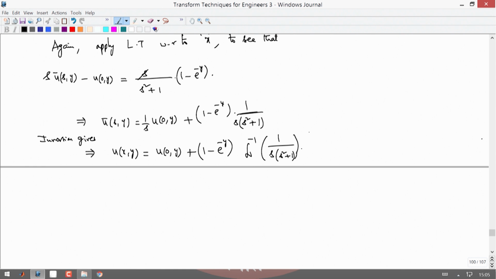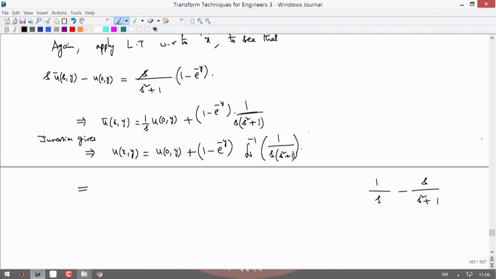We have not seen this type of inversion, right. So, if you write 1/(s(s²+1)) as 1/s minus s/(s²+1), since s(s²+1) is in the denominator and you have s²+1 minus s², you can replace this with this.